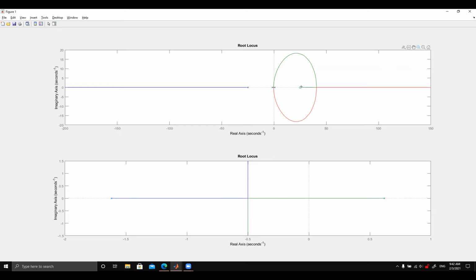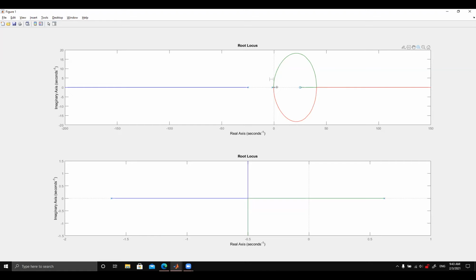But because of the presence of this 0 on the right half plane, they will move towards this 0, and then they will meet again. Then one of them will break off to positive infinity, and the other will go to the 0 here. So the presence of this 0 affects the root locus by pulling it to the right half plane, which introduces instability.